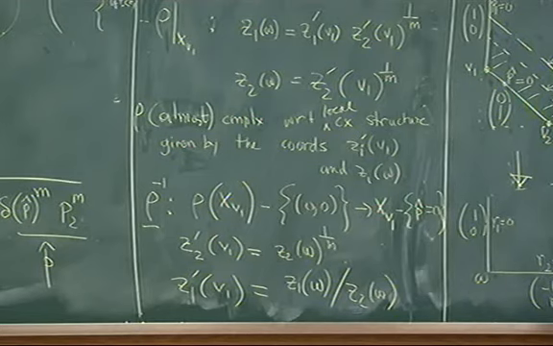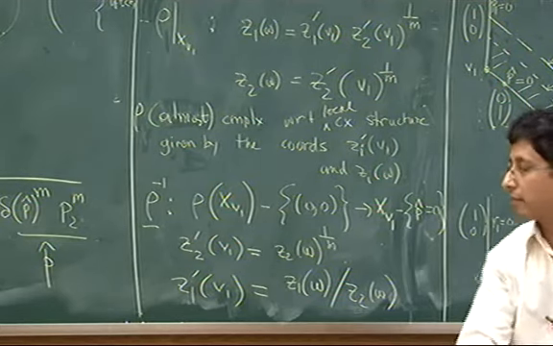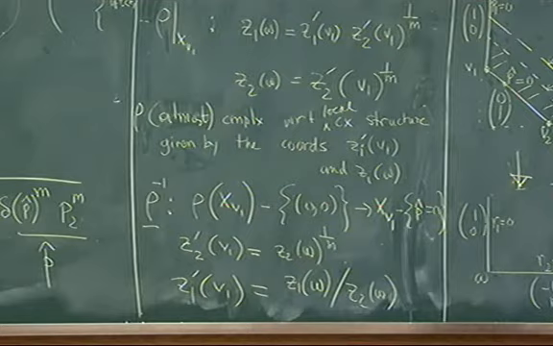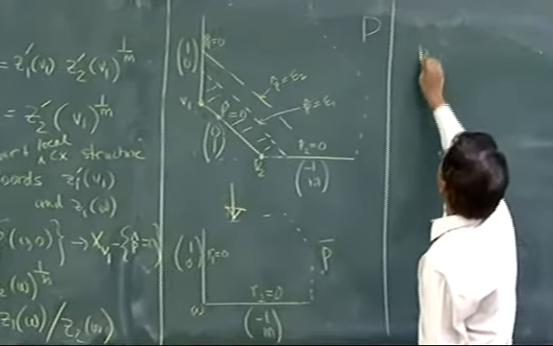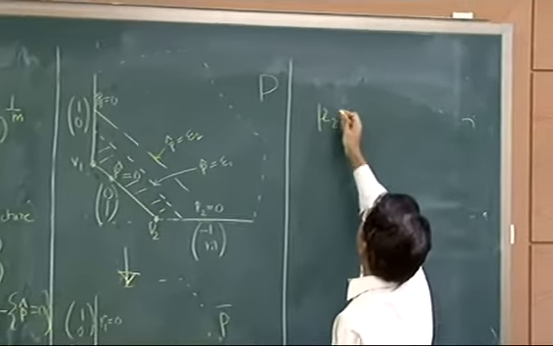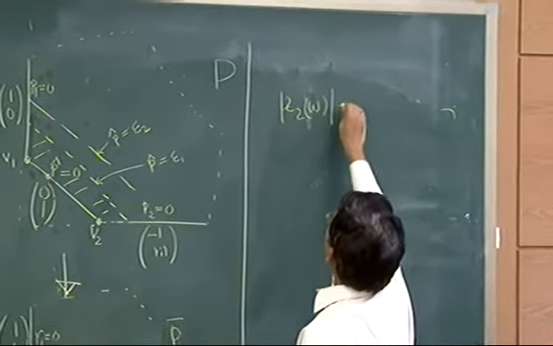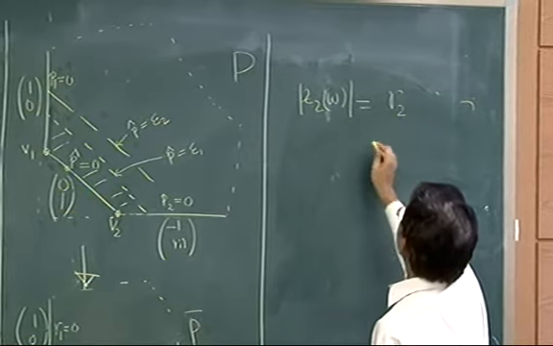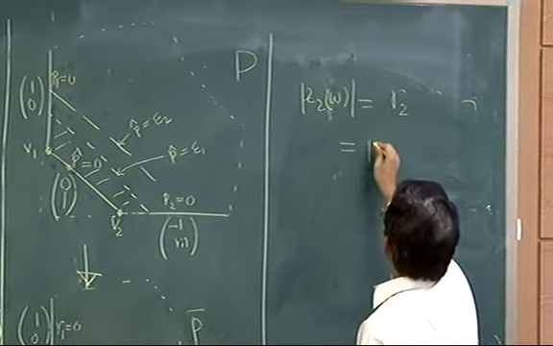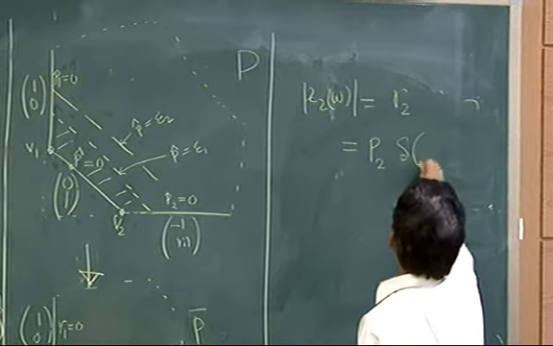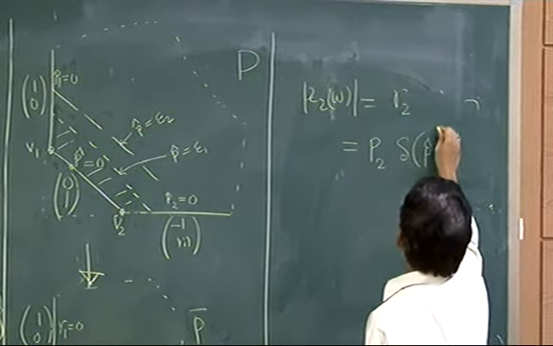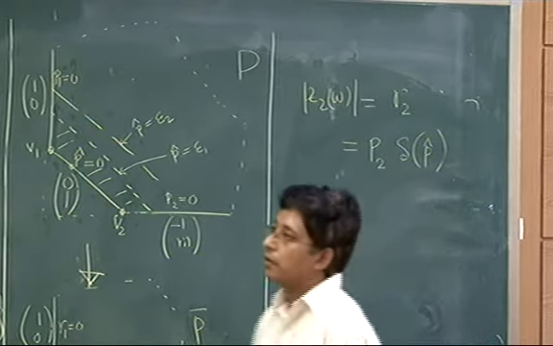Okay. So what is z2w? The modulus is R2. And what is R2? This is P2 delta P hat. Okay?